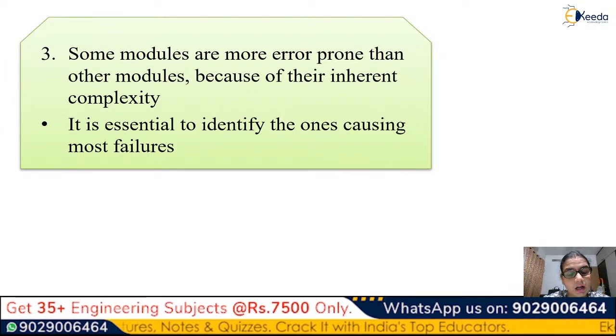It should not be highest, because if the complexity increases, the budget and resources also increase. Try to keep it at a minimum. Every phase talks about how your system complexity looks. So it is essential to identify which module is causing the errors.